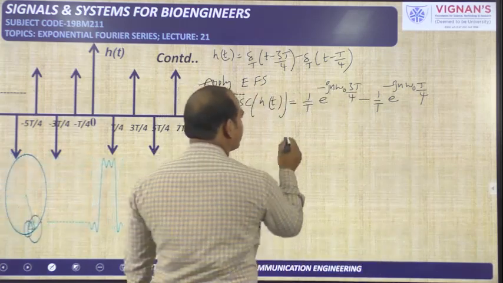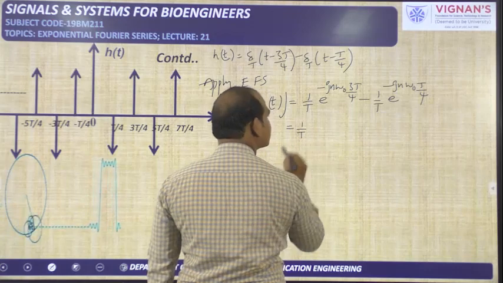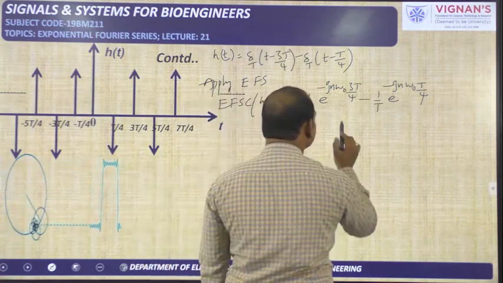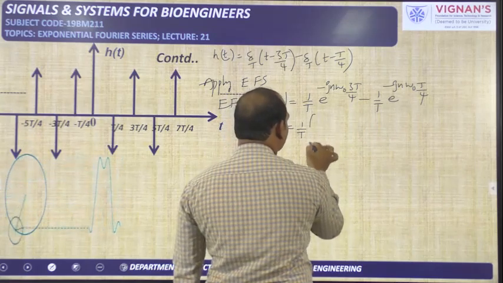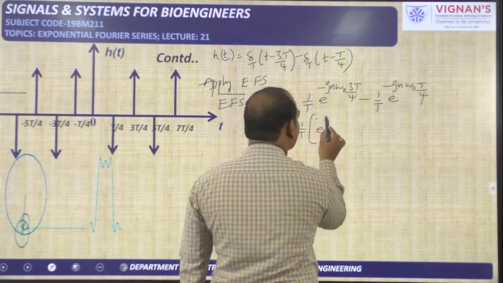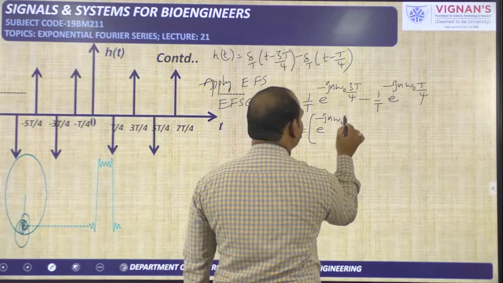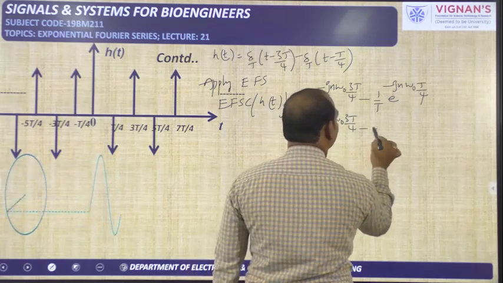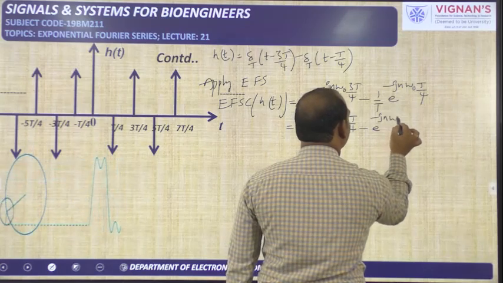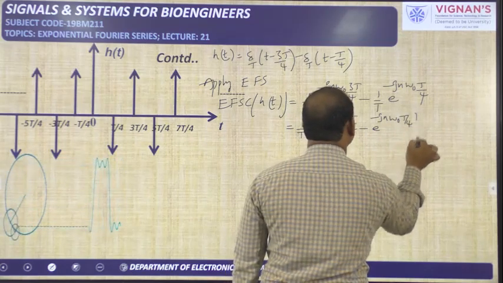So it is equal to, we can take 1 by T as common. Whenever you get this type of expression, I will take 1 by T common first, then e power minus jn omega naught into 3T by 4, next minus e power minus jn omega naught into T by 4.